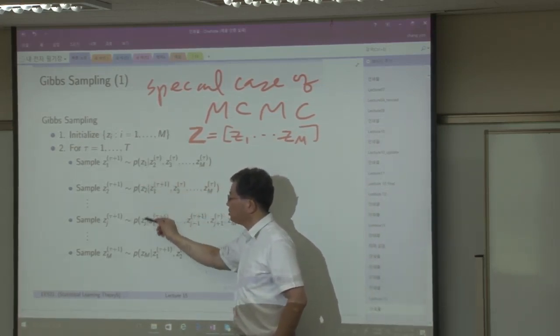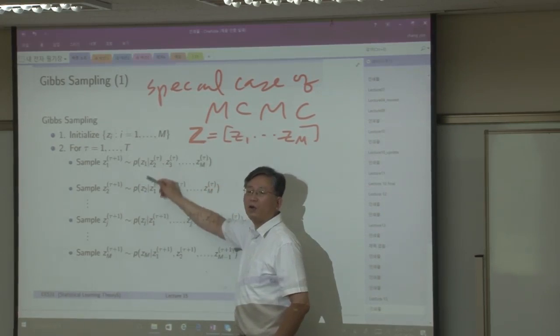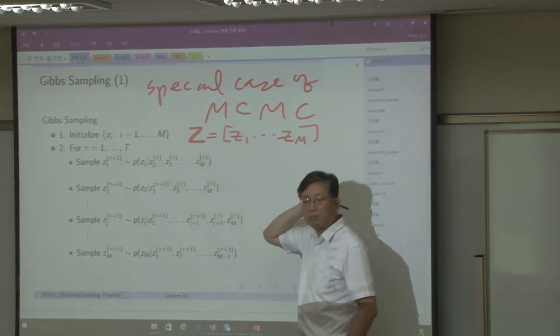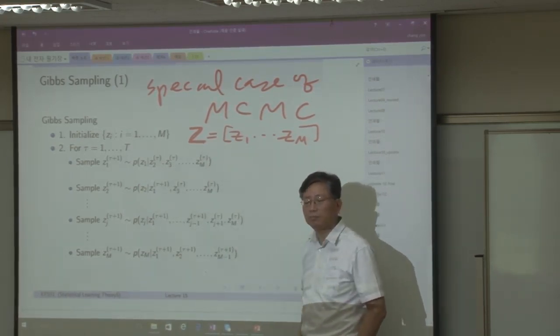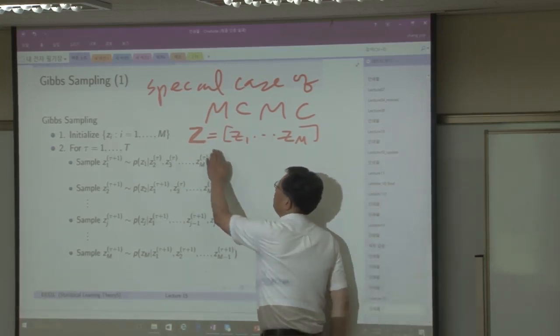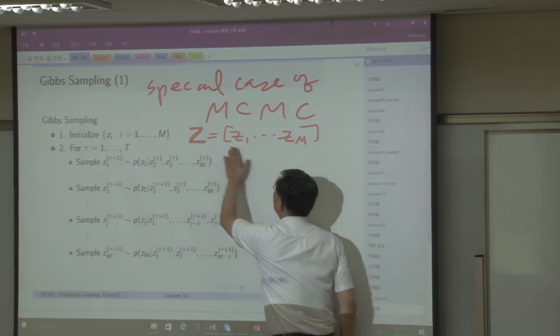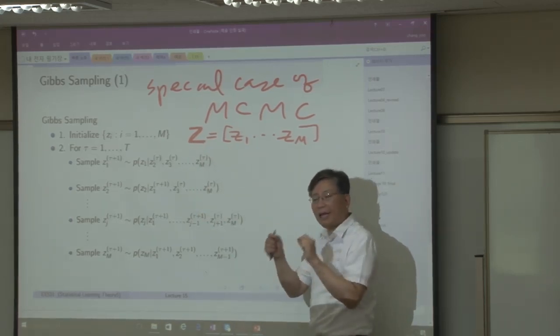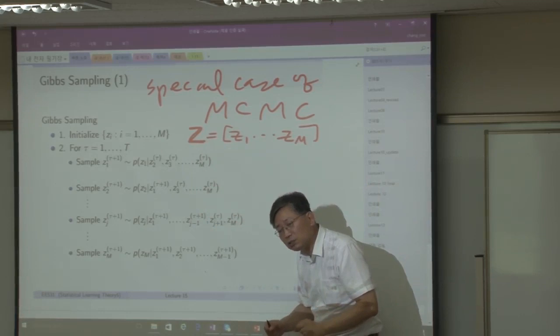And I take turns until I go through each of the dimensions. You understand this? So here, the sample is m-dimensional, and I need to get many m-dimensional samples.